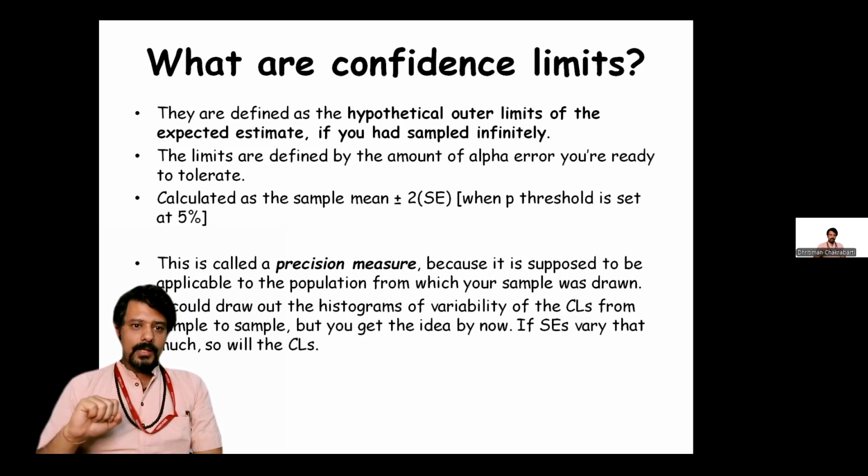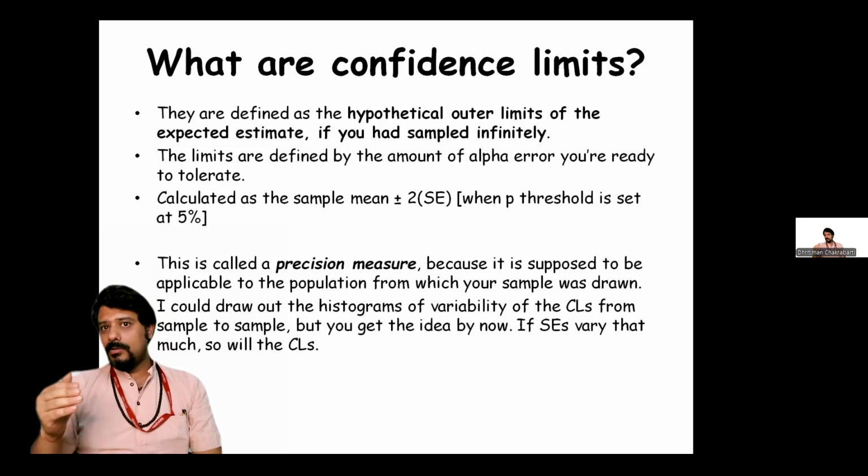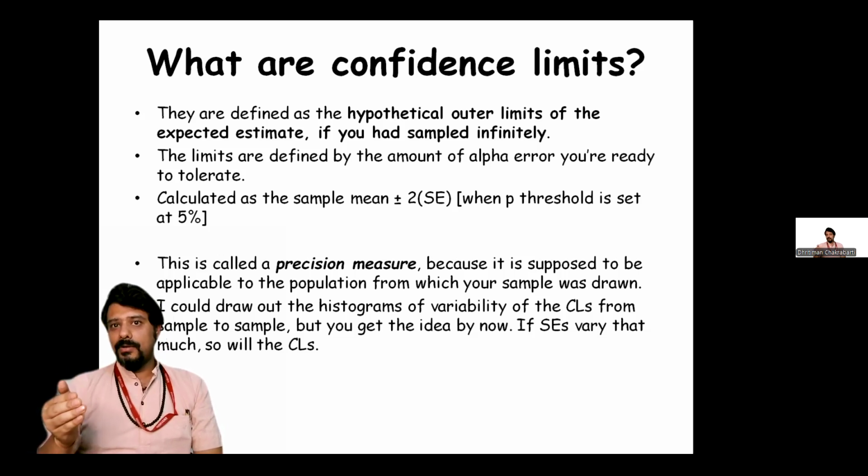By presenting those confidence limits, what you are saying is that if you did your study in the same way from the same population an infinite number of times, your estimate is going to lie between this level and that level, from one end of the confidence limit to the other. Got the idea? So that is the practical utility of standard error.